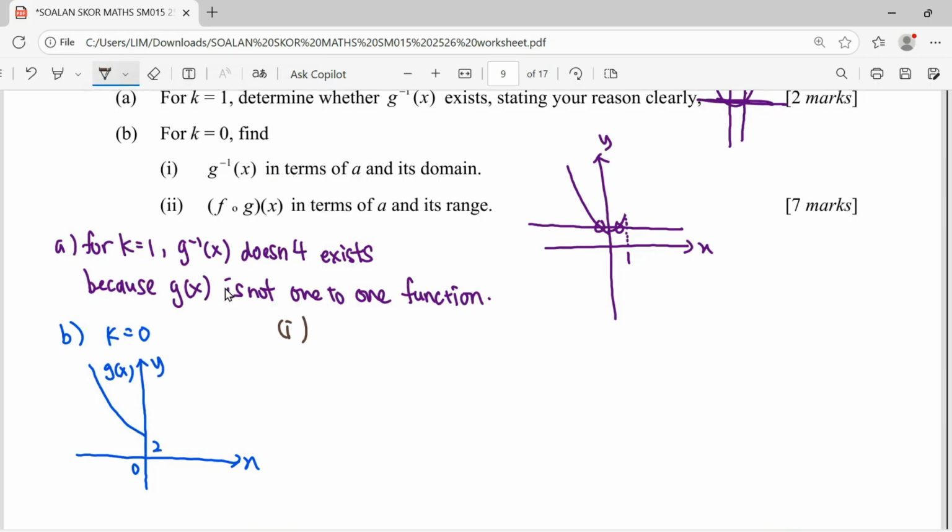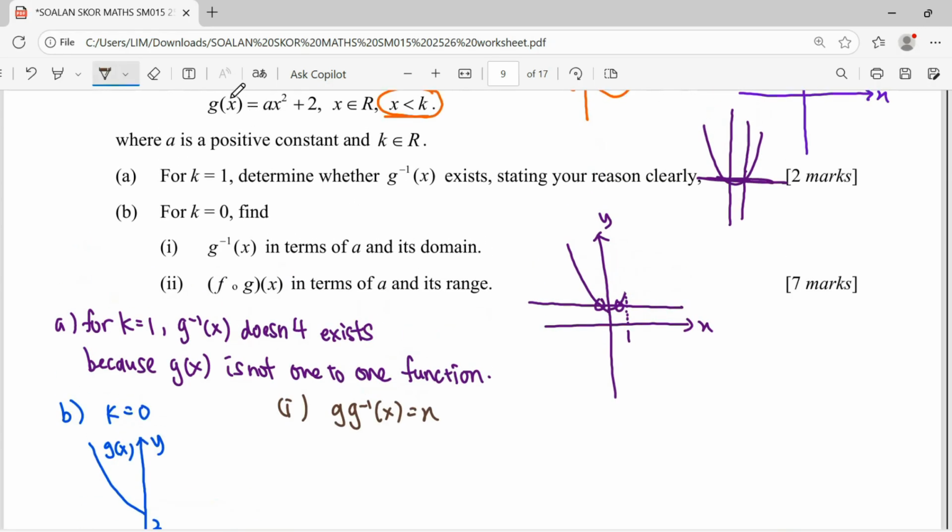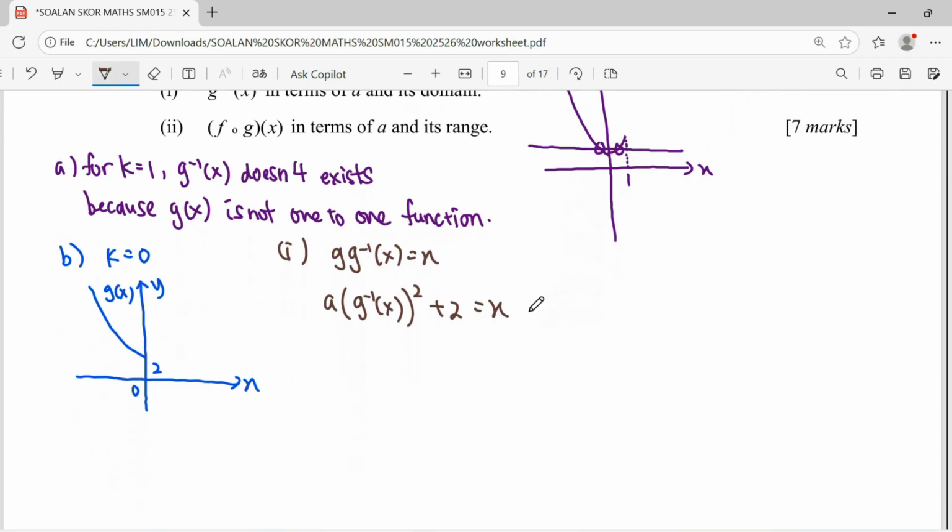For the first part, find the g inverse. Now we can find the g inverse because the graph here is a one-to-one function. So g inverse equals x using the composite method. Substitute g inverse into our function here: a times g inverse squared plus 2 equals x. We find our g inverse by moving terms one by one to the right-hand side.